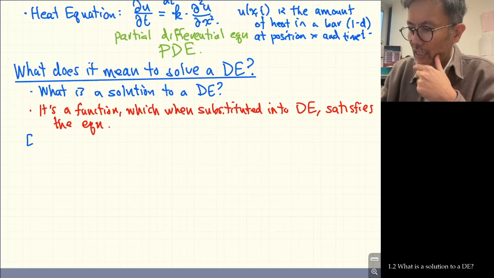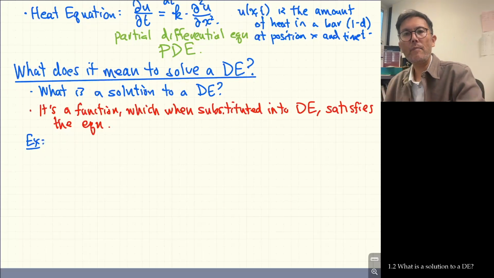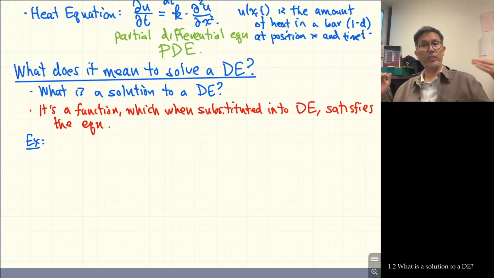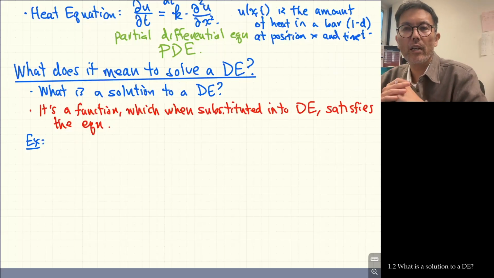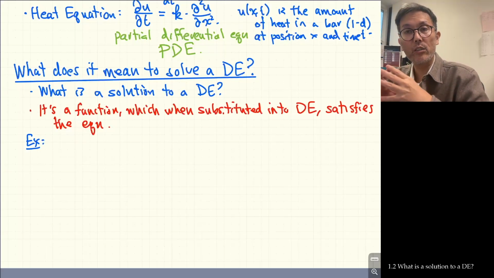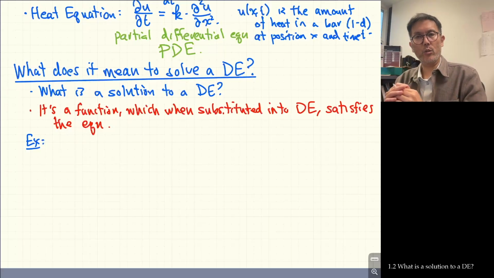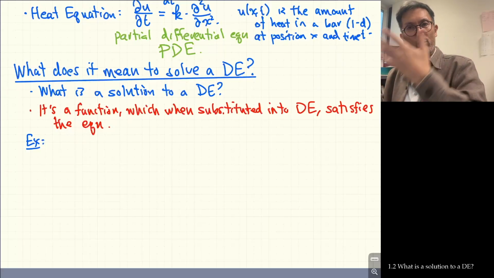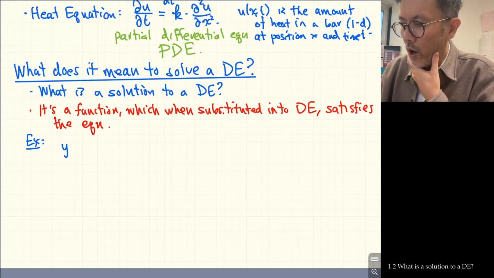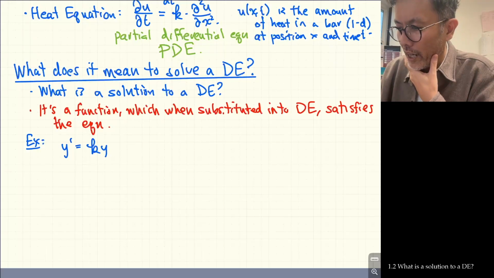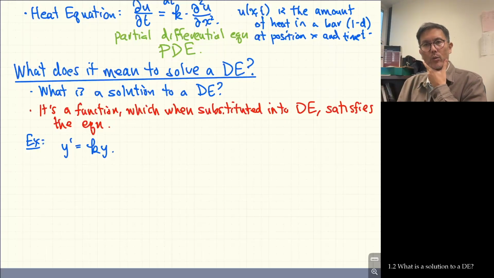So let's look at an example of a differential equation. Rather than try to justify the importance of this equation using some kind of physical example, I'm just going to write down a differential equation. y prime equals ky.